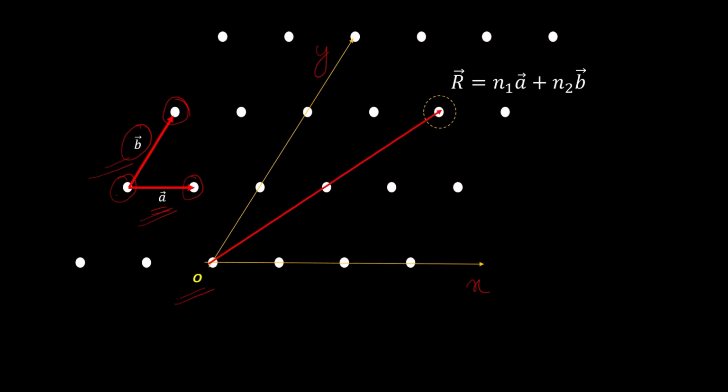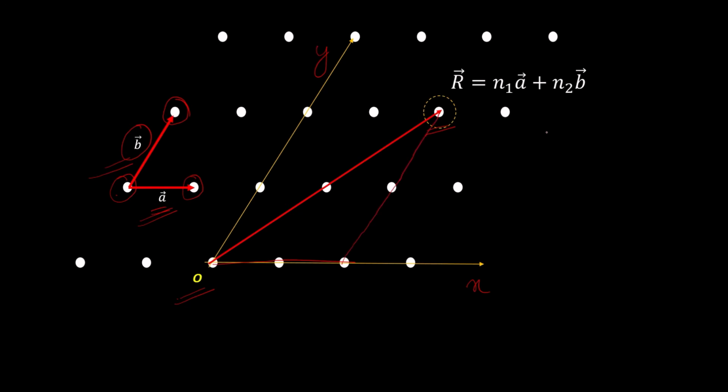For example, in this particular case, you can reach this point if you move 2 points along the x direction, that is, 1 point, 2 points along the x direction, and then 2 points along the y direction.